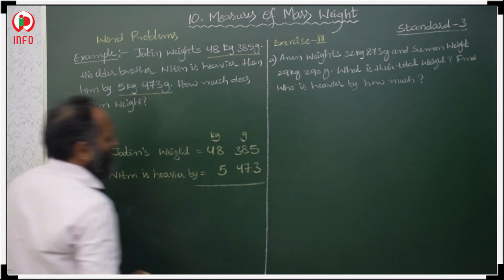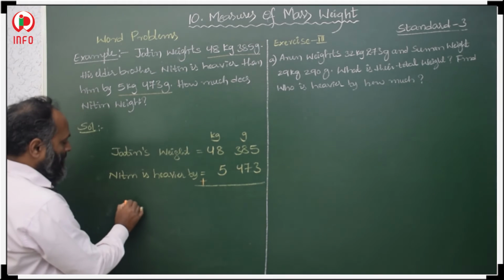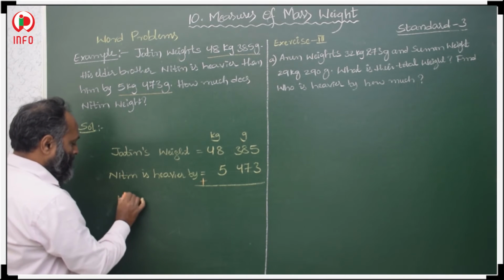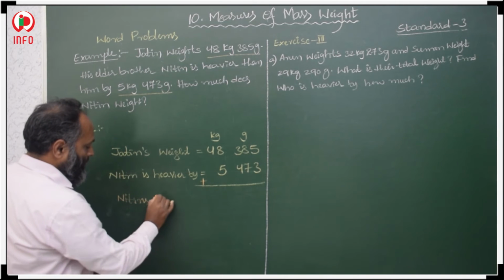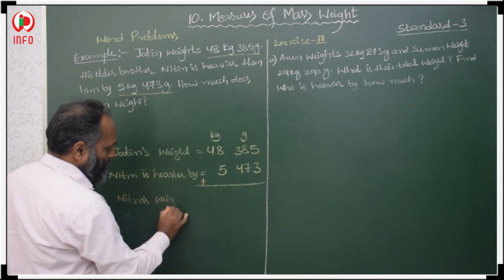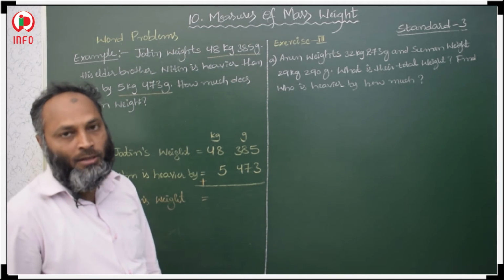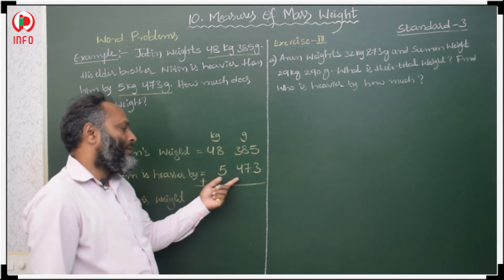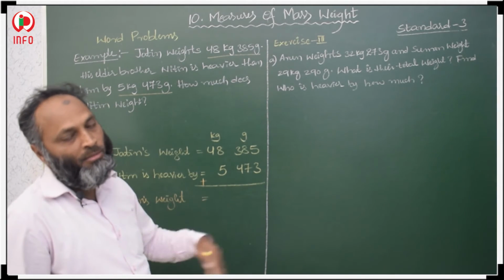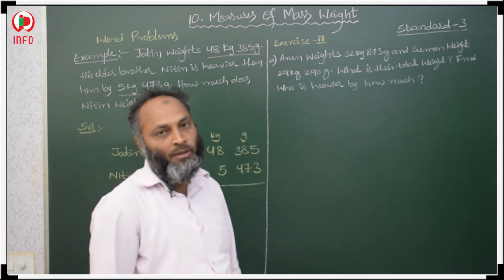After adding, you will get Nitin's weight, not Jatin's weight. So how much heavier? 5 kg, 473 grams. If you add that, then you will get Nitin's weight.